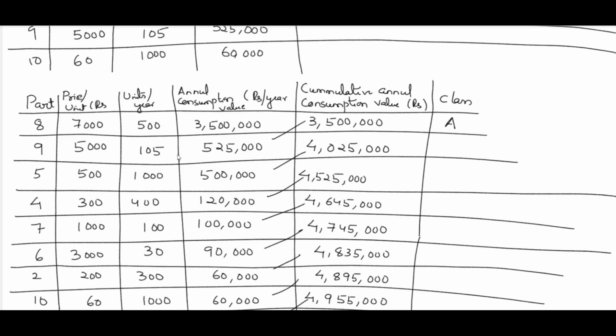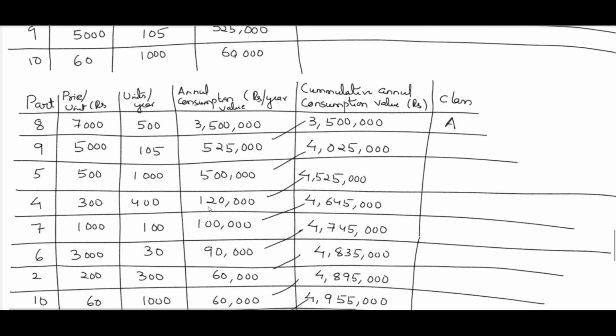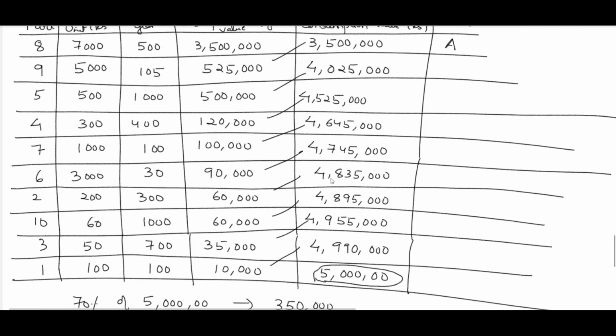What is the amount? Let's see. We can see that it is exceeding by 4 lakh. That's why part 8 belongs only to category A. If we take the ninth one, it is much exceeding the 70%.